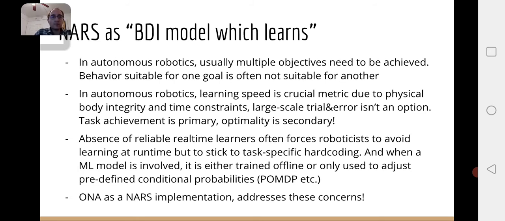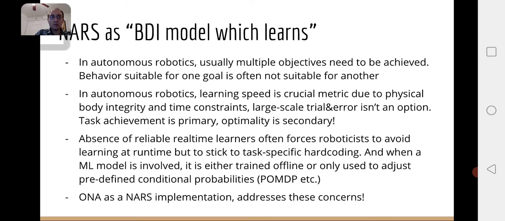Of course, if you have a perfect simulation, like in a board game or Atari game, you can train the AI and let it play against itself. Great. In the real world, this doesn't work this way. You don't have a perfect model of the simulation or the reality, but you still want your agent to be able to learn at runtime.